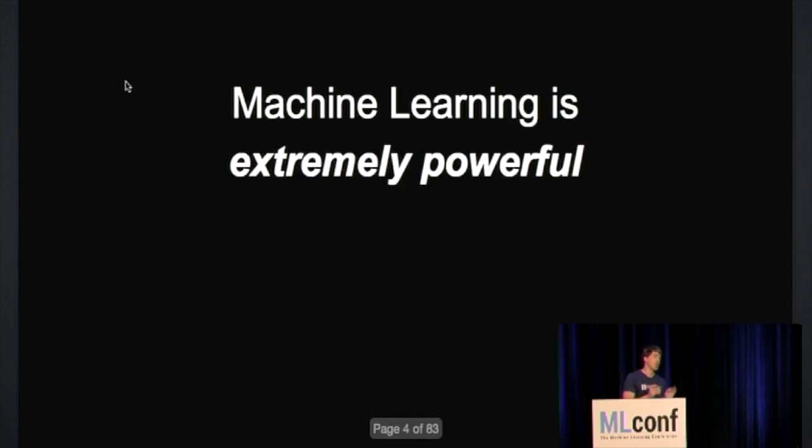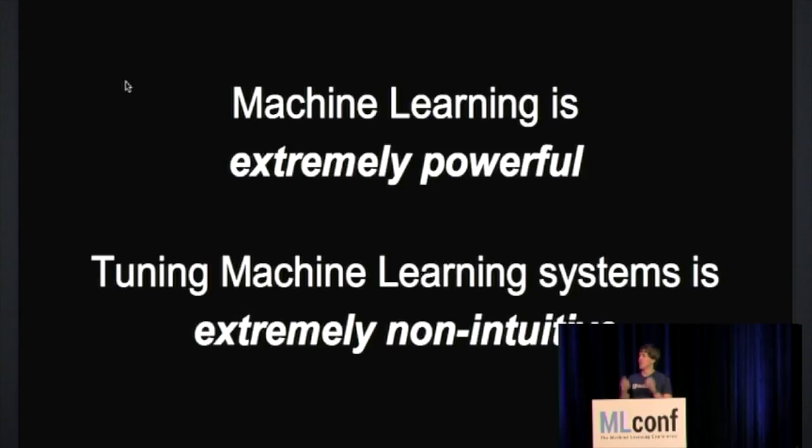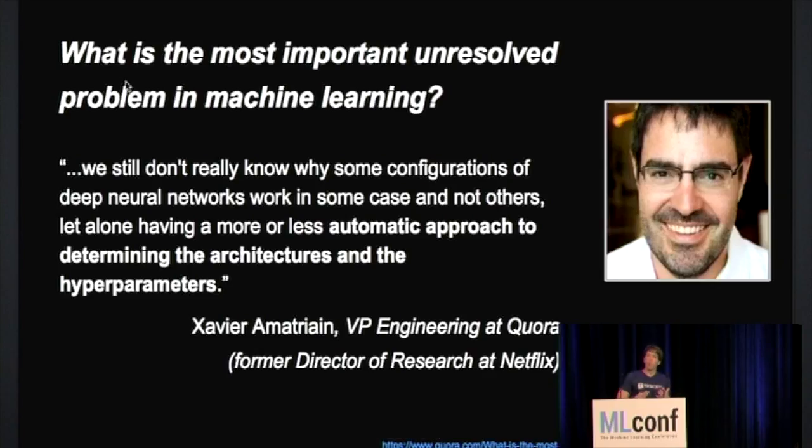So first up, I'm going to tell you two things you already know. Machine learning is extremely powerful. We've learned about that all day today. But tuning these systems is extremely expensive and non-intuitive. When you look at one of these complex machine learning systems, it can be a very difficult problem to solve.